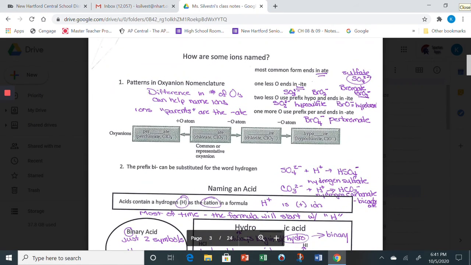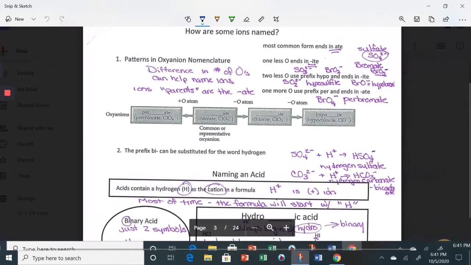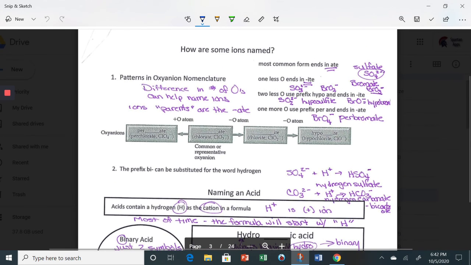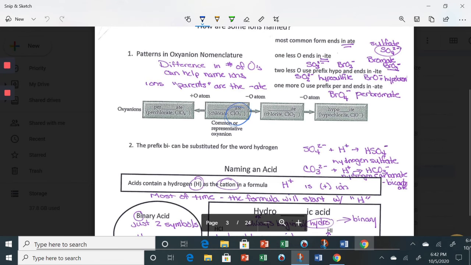This is patterning off of your ion chart. If you look at the ion chart, you'll start noticing the thing that I talked about in writing an ionic formula. We have the most common state of an ion. Chlorate, bromate, iodate are all halogens, so they all follow the element O3 minus.